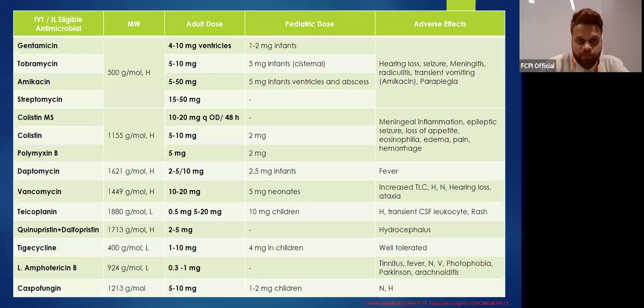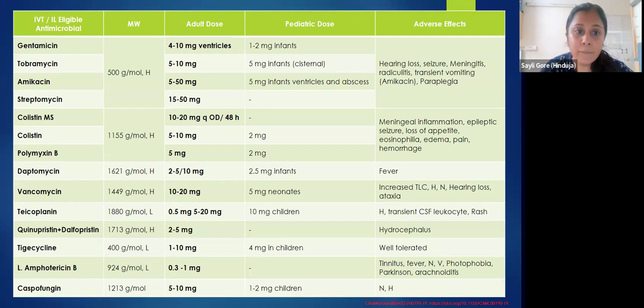Exactly. You might need more dose for the antibiotics that have high protein binding. Ceftriaxone, vancomycin, or teicoplanin have high protein binding, and inflammation in the brain will allow the passage of the antibiotics.